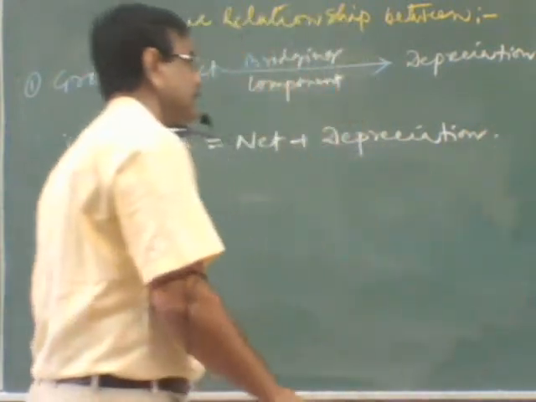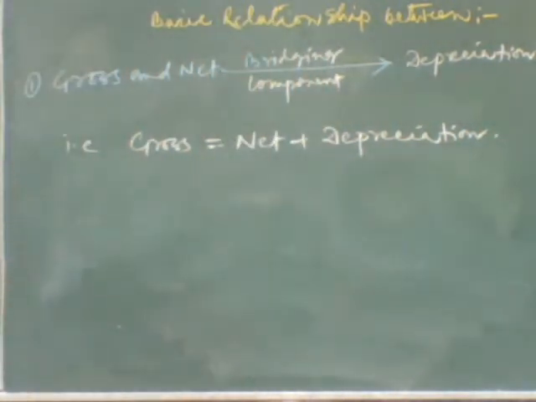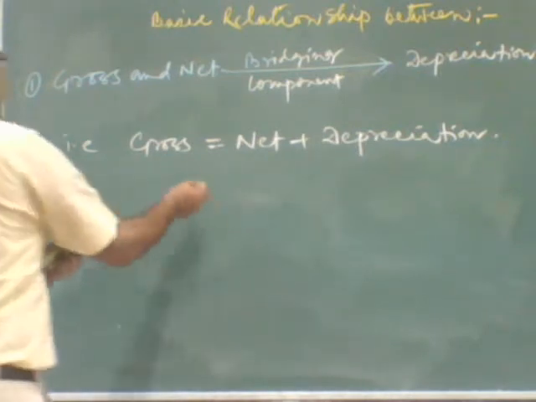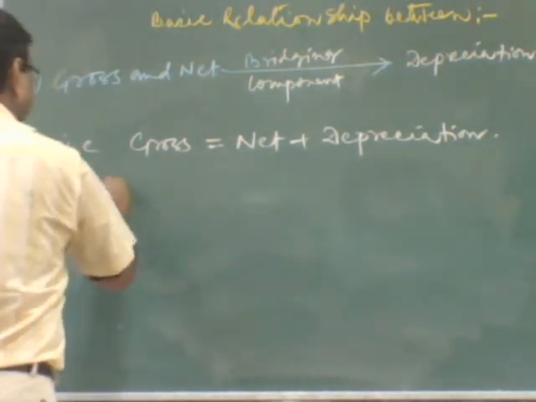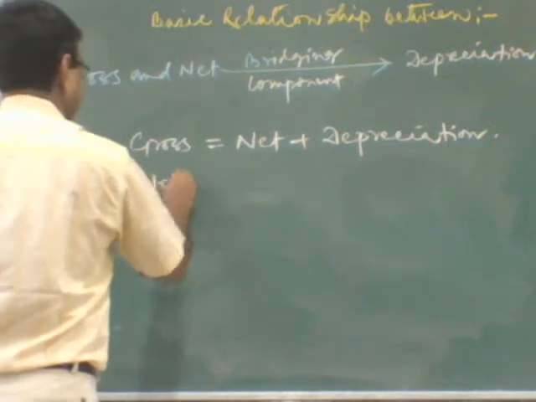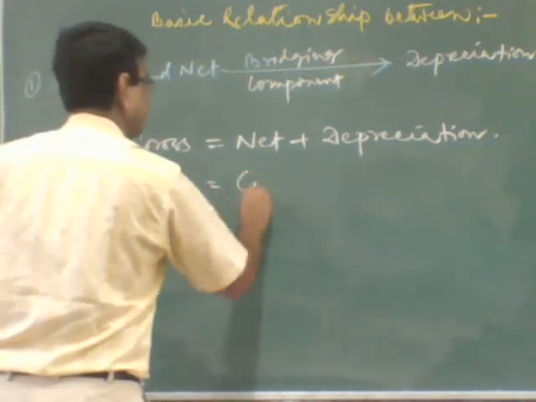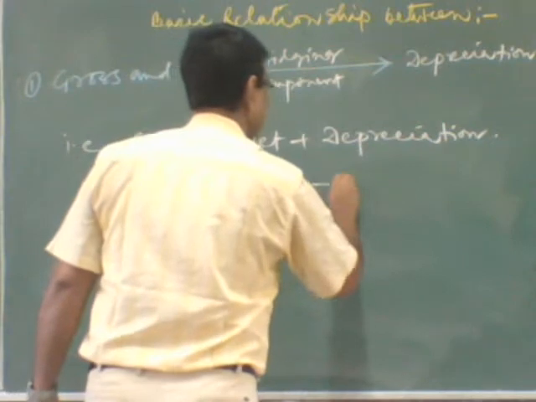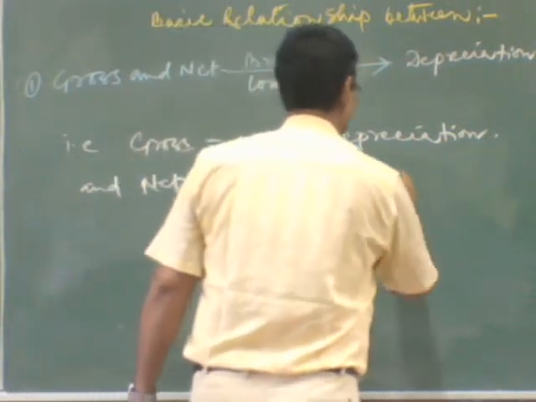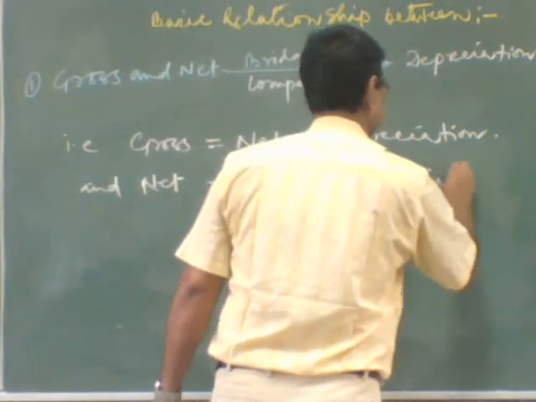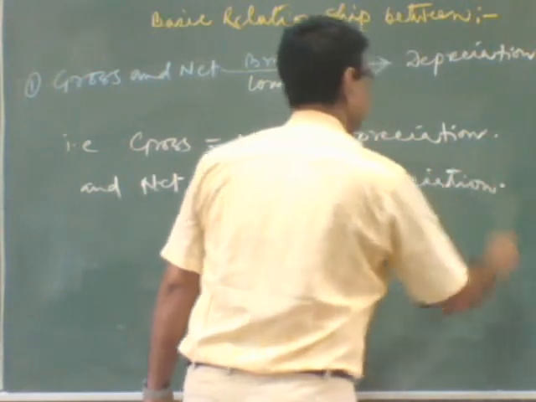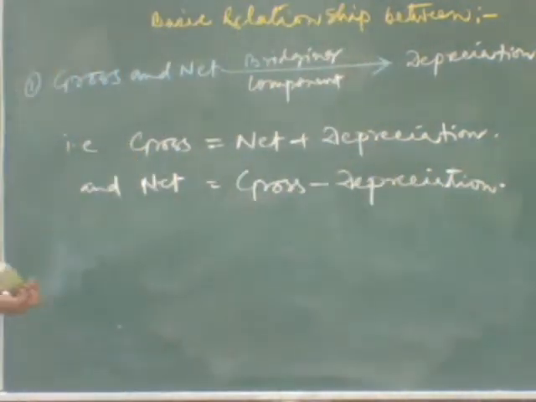And net is equal to gross minus depreciation. This is the first relation.